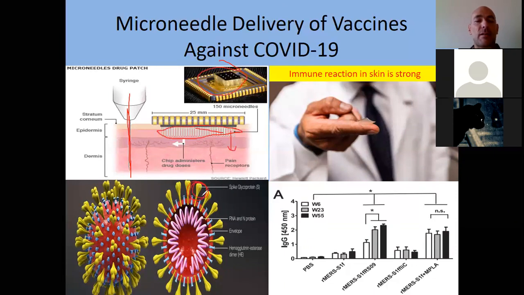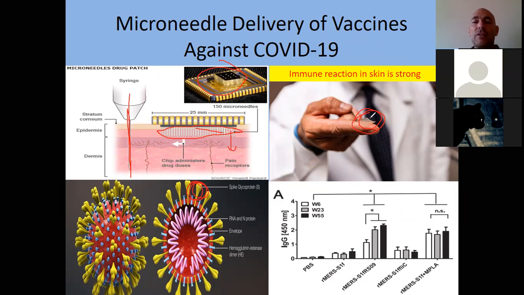Now they are using a vaccine that is based on the spike protein of the virus. Here is the microneedle device. You can see it is very small. You can press it on the skin, and then the needles pass through the skin and deliver the vaccine.